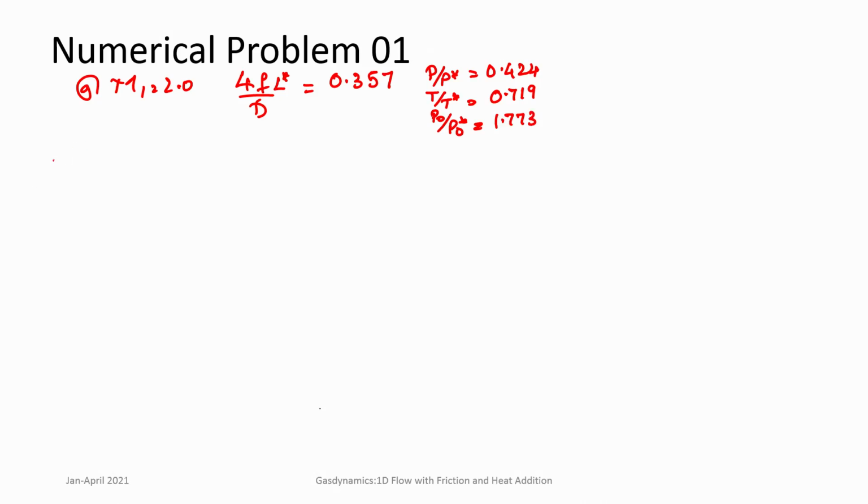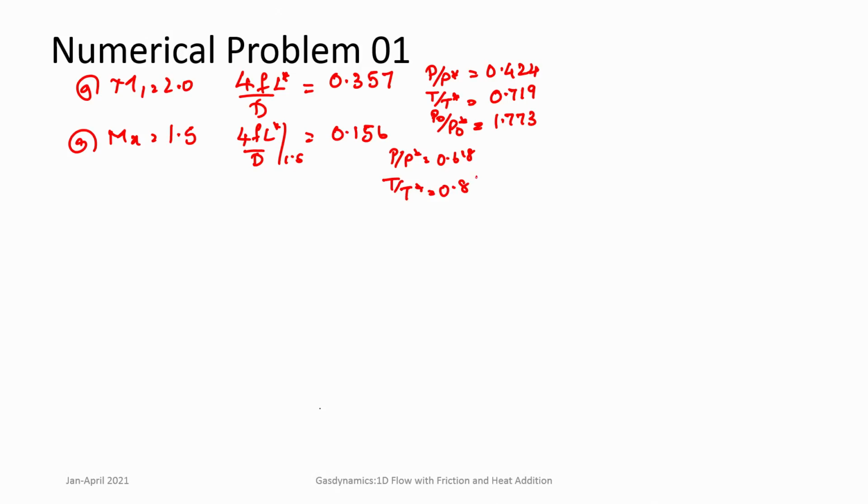It is better to make note of them. At Mx equal to 1.5, 4 f L star by D is 0.156, P by P star is 0.618, T by T star is 0.86, and P naught by P naught star is 1.189.